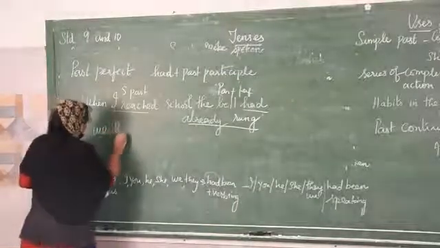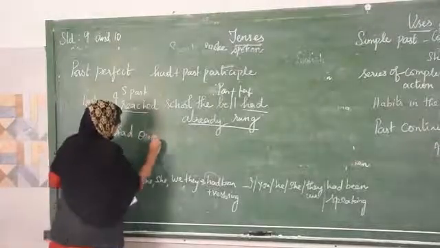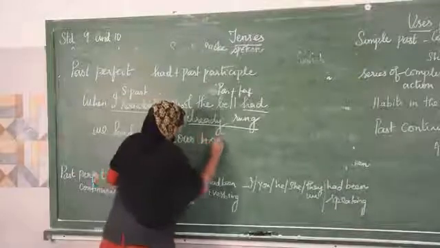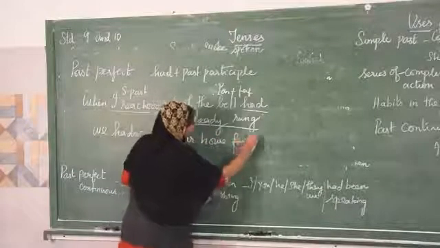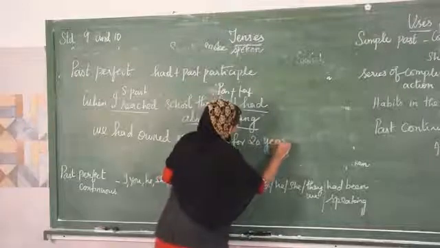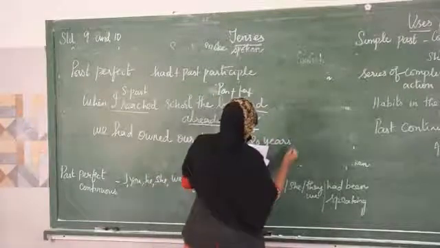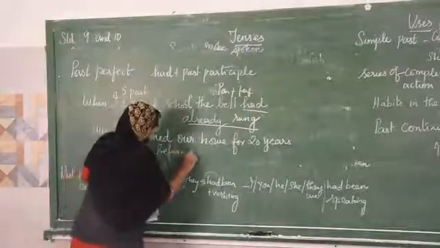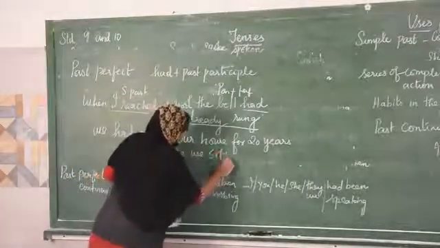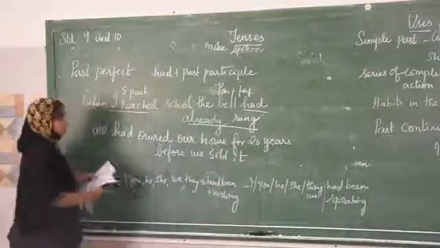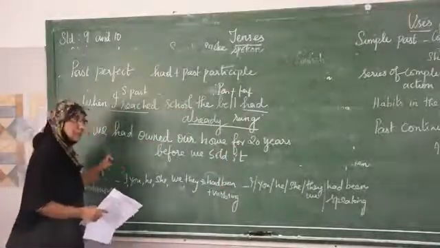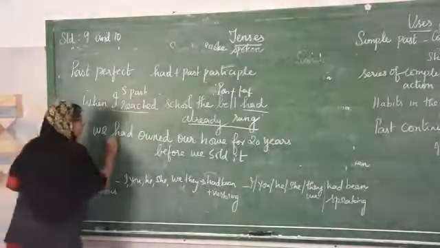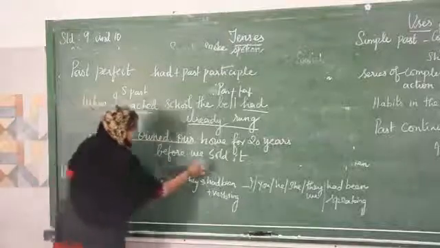We had owned a house for 20 years before we sold it. Now again, both the actions are taking place in the past. Both actions took place in what year? Both in the past. Had owned a house, sold it.